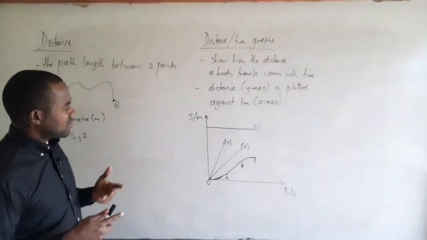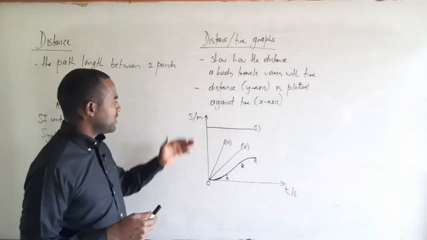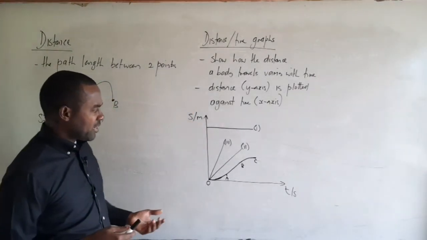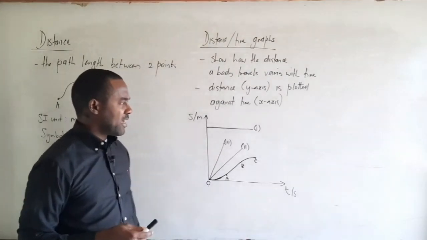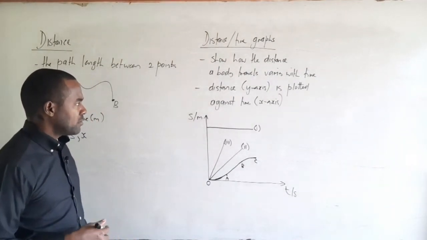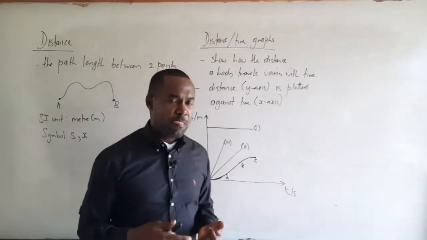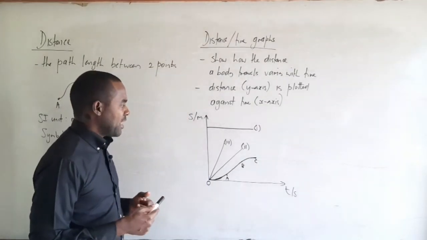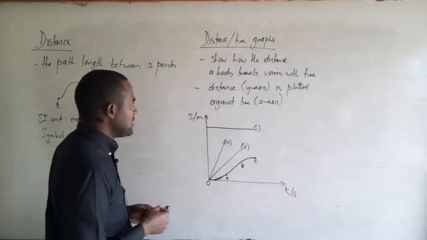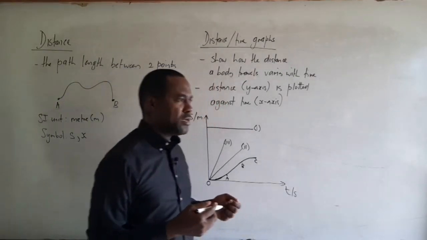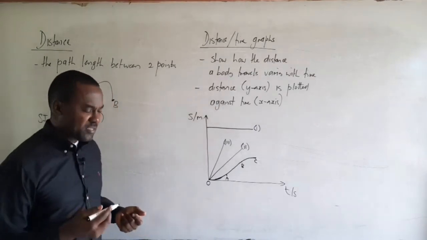Distance time graphs involve distance on the y-axis being plotted against time on the horizontal axis. There are certain pieces of information we can obtain from a distance time graph, and one such piece of information is the speed. So how do we obtain speed from a distance time graph?